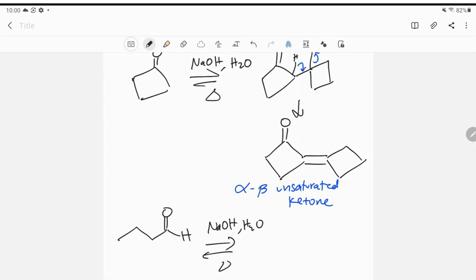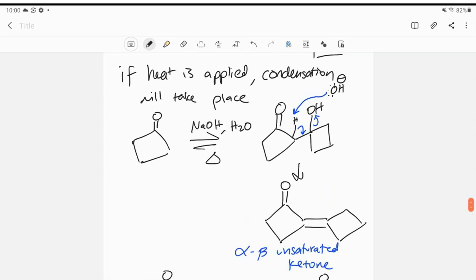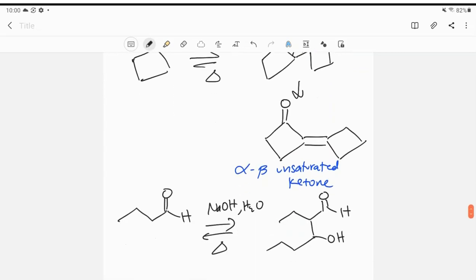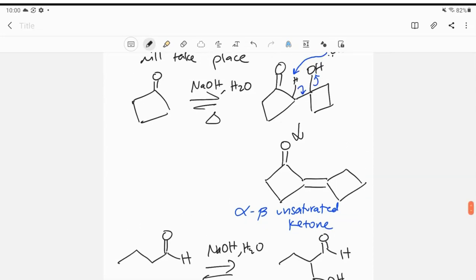So if we're to do this in the presence of heat, we saw our aldol product. This is one we've done before. Nope, this is the condensation. So all we're doing, it's an aldol condensation. So instead of making the beta-hydroxy ketone or beta-hydroxy aldehyde, we're still using the same aldehydes, like two molecules of it.